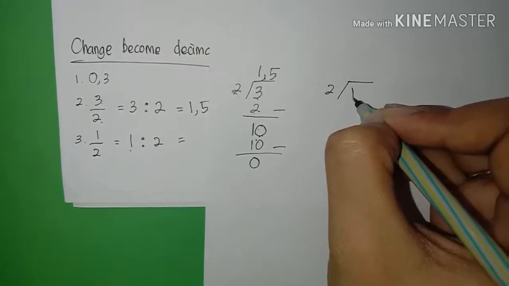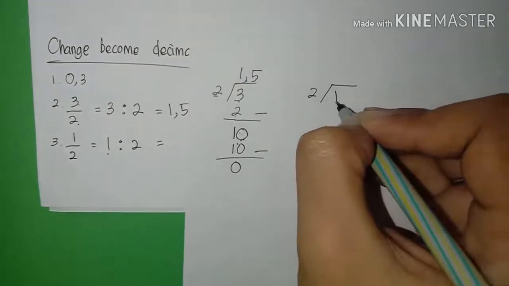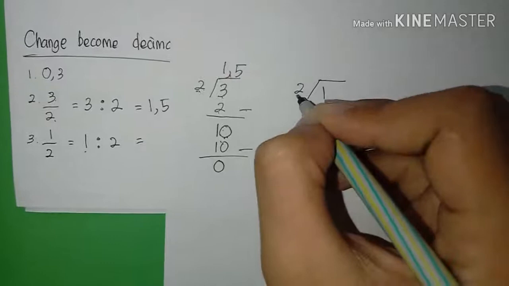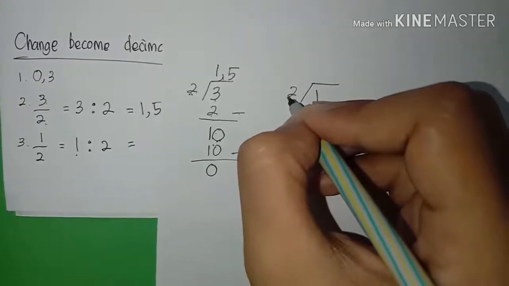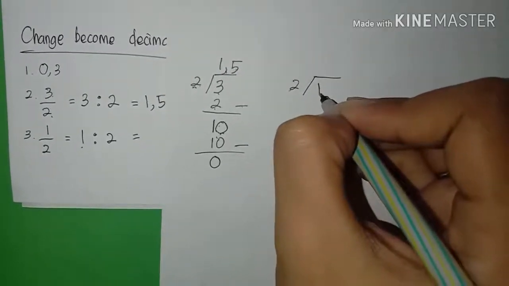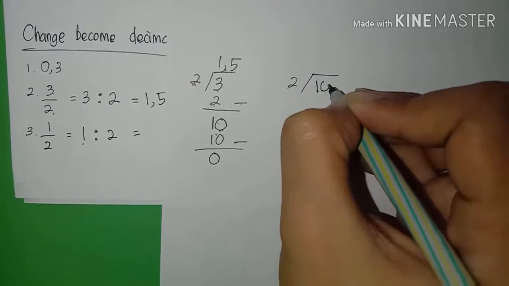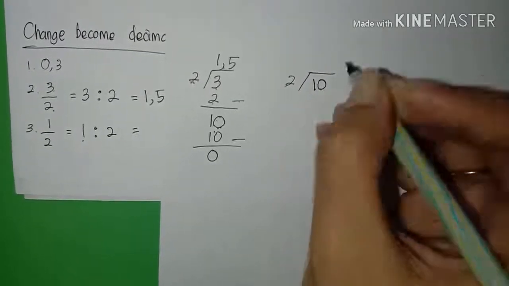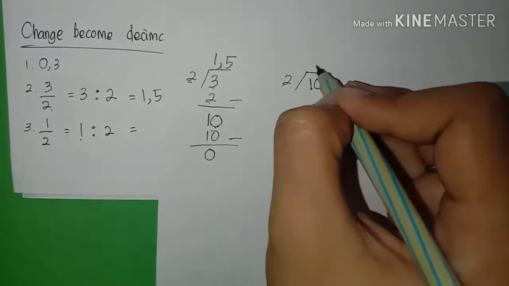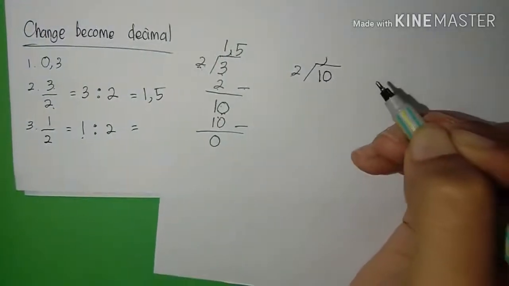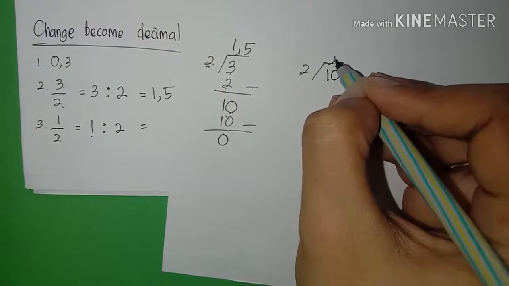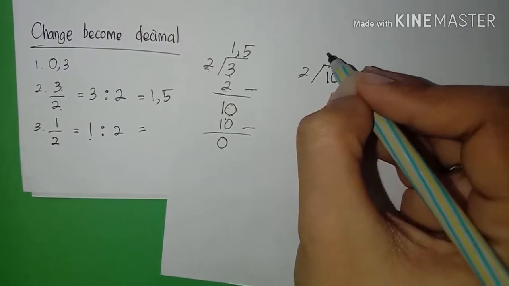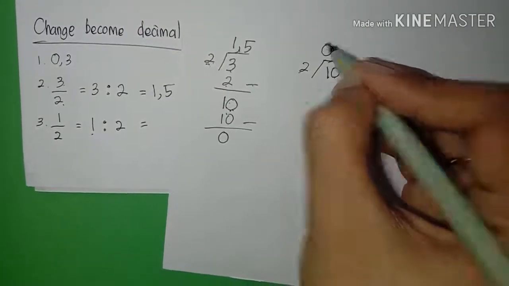I will repeat my explanation. 1 is not enough to divide by 2, so 1 has to add 0, and the requirement if we add 0 is to add a point; in front of the point we can add 0.